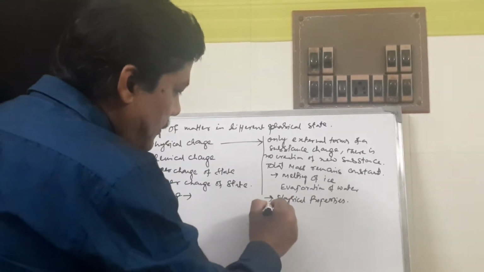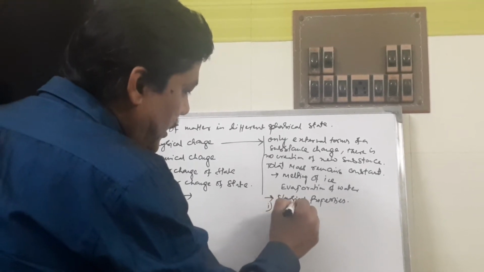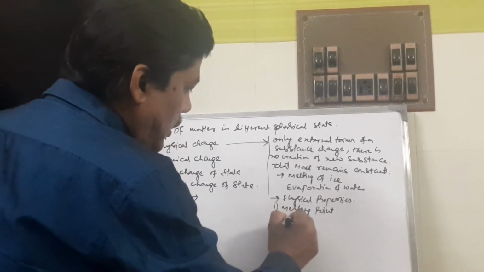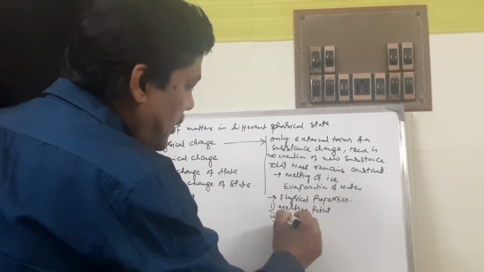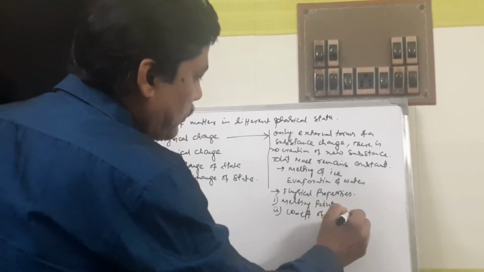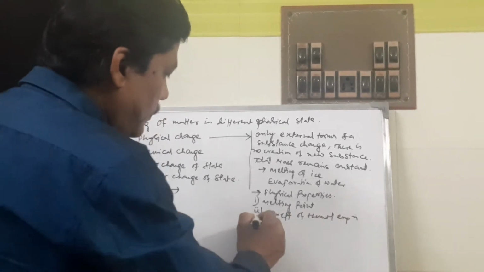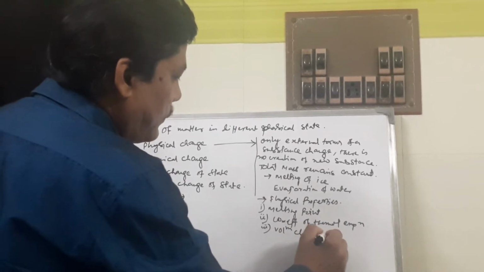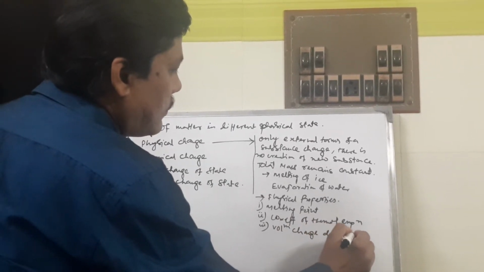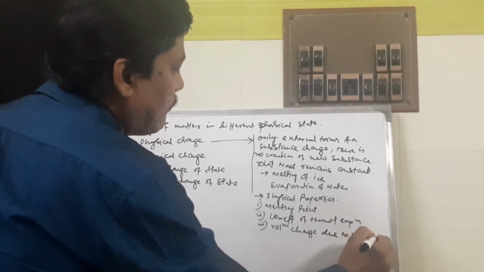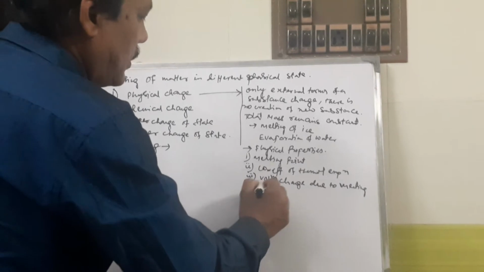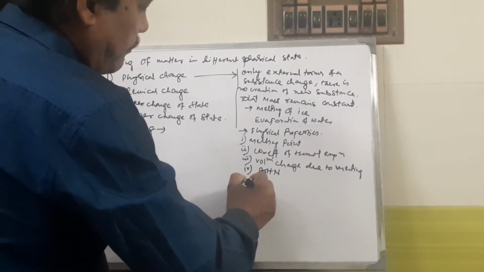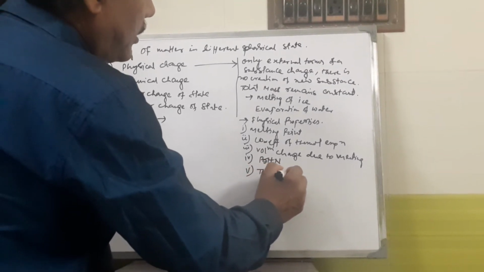Some examples of physical properties are melting point, coefficient of thermal expansion, volume change due to melting, Brinell hardness number, thermal conductivity.